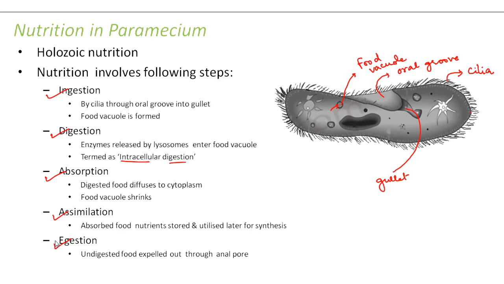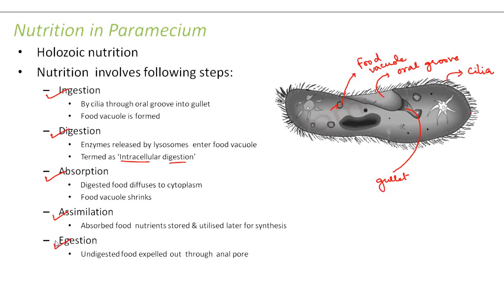So the change in paramecium is that we have a specific location through which intake of food happens, that is the oral groove. Similarly, there is a specific location from where the waste products are excreted, that is the anal pore. The shrunken vacuole and the undigested food will reach the anal pore. The anal pore will rupture and expel them out.